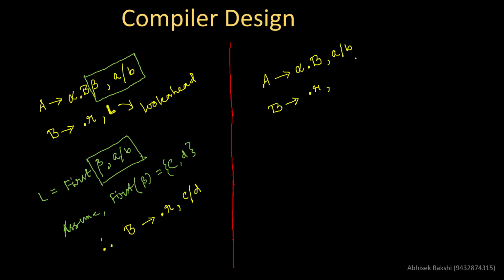In this particular case, after B there is directly the comma. If you compare the two scenarios, whatever is present after B was beta, then comma a or b.